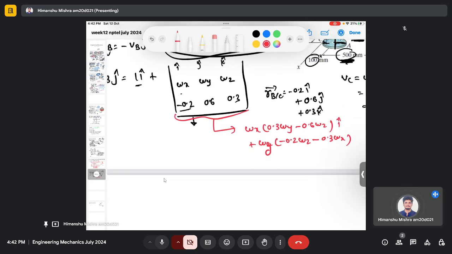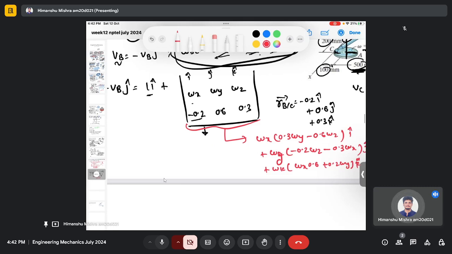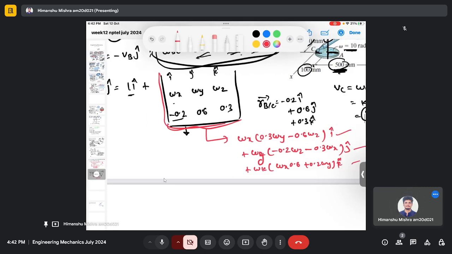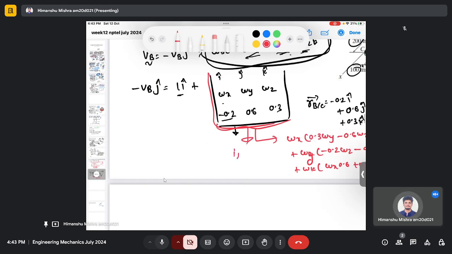So this is I direction, this is j direction, plus omega k, omega x 0.6, 0.2 omega y. This is the kth direction. So you can write this matrix part into I, j and k.